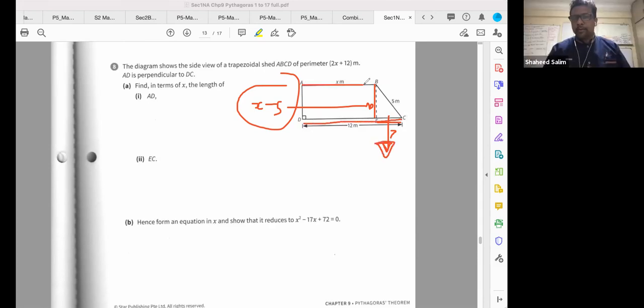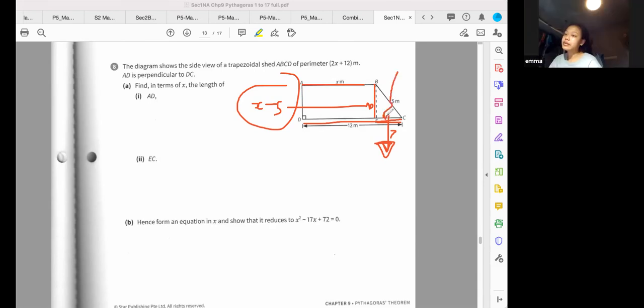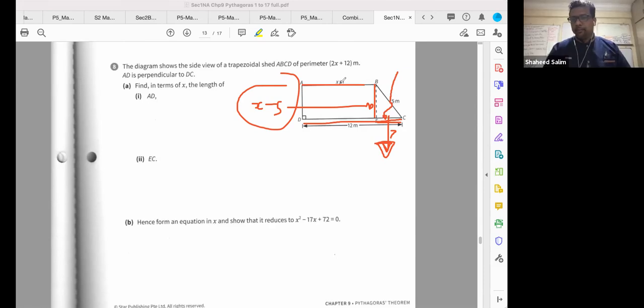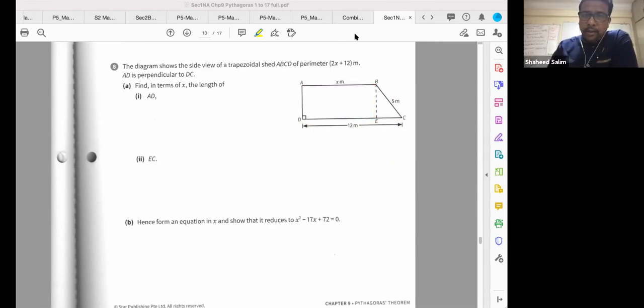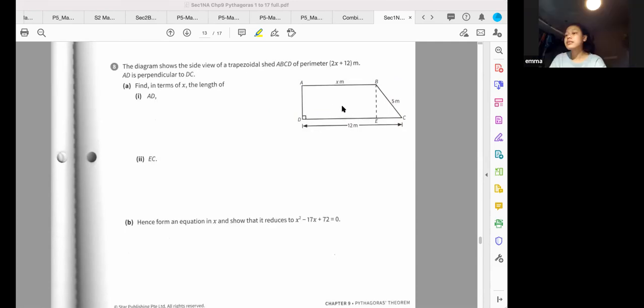This one is X. So this one is 12 minus X. Sorry, yeah. This other way works, but it's too complex. So are you okay? I do make mistakes. So basically it's 12 minus X.